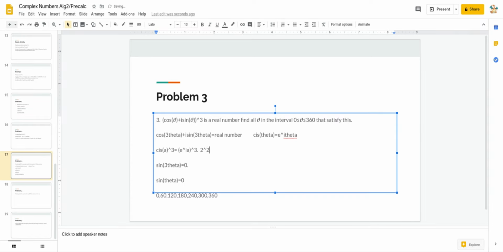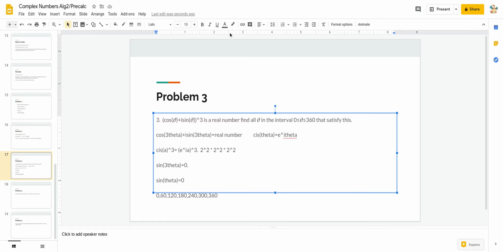So if you do 2 to the power 2 times 2 to the power 2 times 2 to the power 2, what do you get? Yeah, exactly. You get 2 to the power 2 plus 2 plus 2 because you're adding the exponents. So essentially, e to the ia cubed is equal to e to the power 3ai. You get that, right? So that's why cis a to the power 3 is going to be equal to cis 3a.